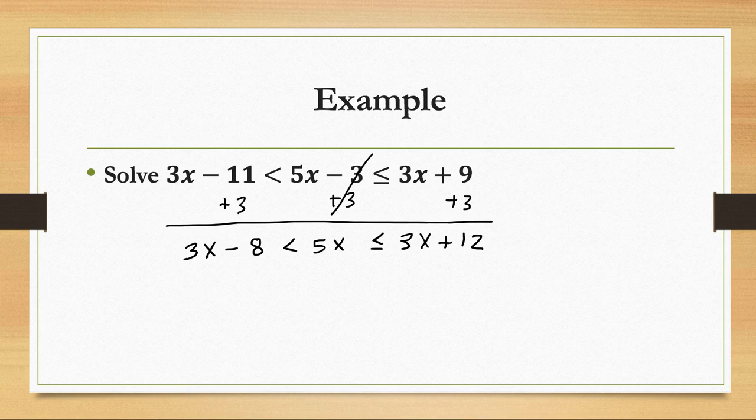Now, my next issue is that I'm supposed to solve for x in the middle of this expression, and I still have x's on both the left and the right side. So I'm going to go ahead and attempt to move, for example, this 3x. So I'm going to subtract 3x from the right-hand side, and I know that if I do it to one side, I need to do it to all 3 parts.